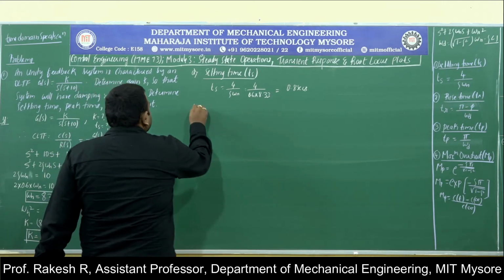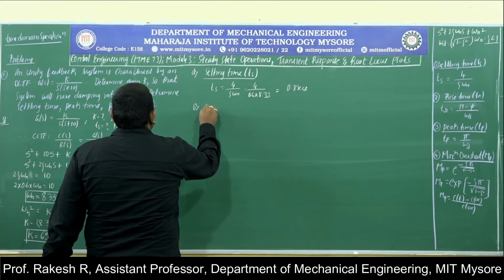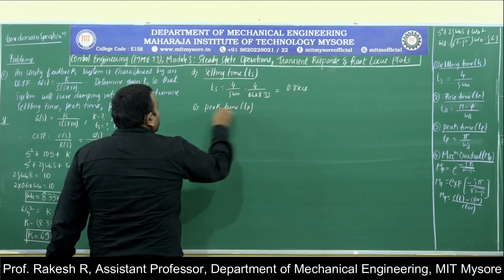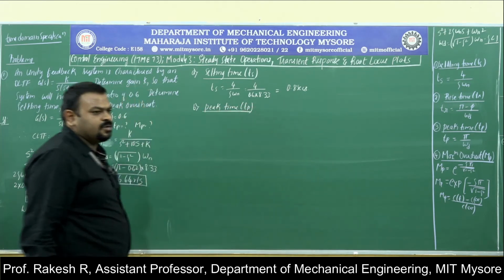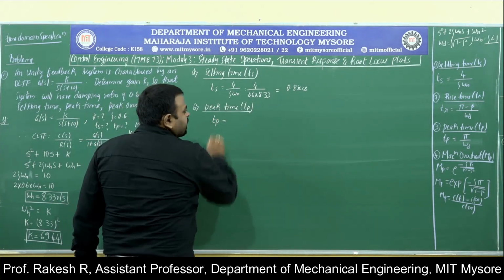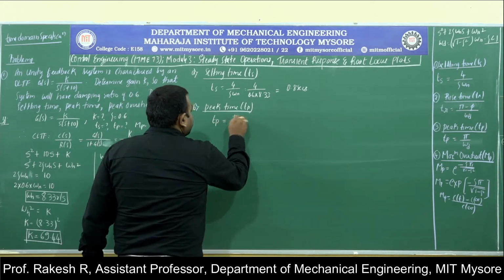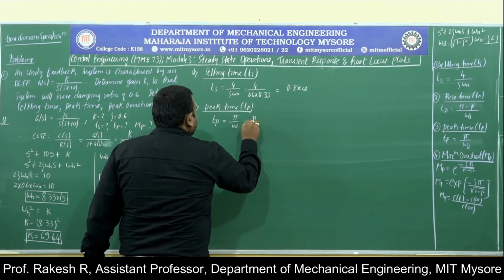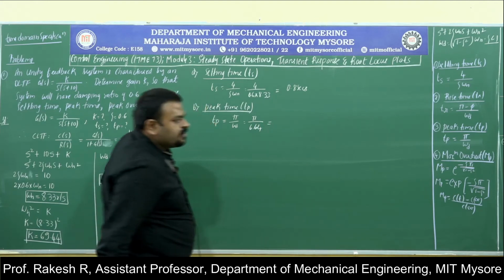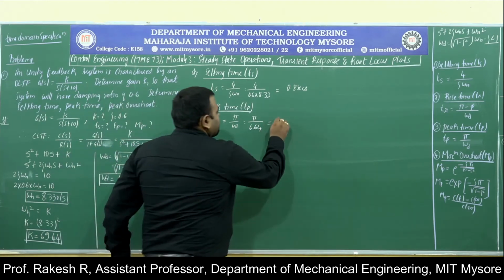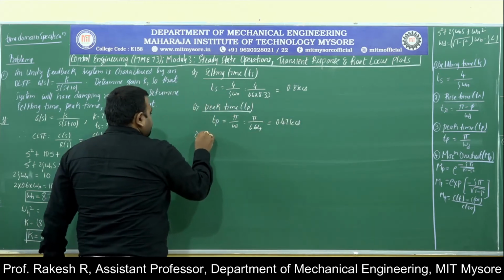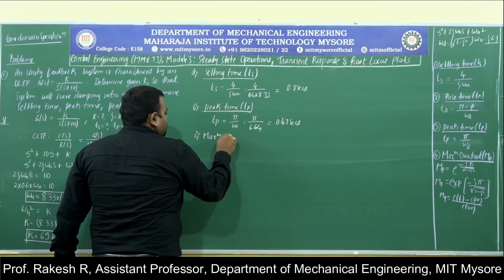Then next is peak time, or time taken to reach maximum overshoot. Peak time Tp will be equal to pi divided by omega d. Pi divided by 6.64 is around 0.47 seconds.